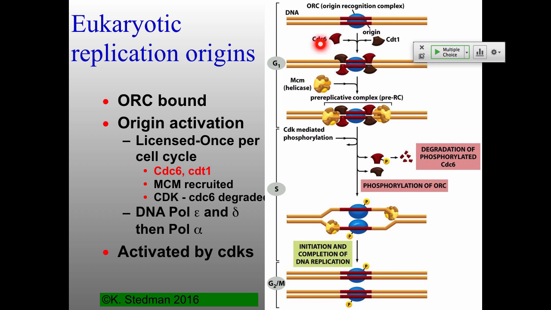Then you have these 2 proteins that come in and bind to this origin recognition complex, CDC6 and CDT1. CDC stands for cell division cycle, and if you have a mutation in one of these, you have problems with your cell cycle. That's where all that naming comes from. So CDC6 and CDT1 are the licensing factors.